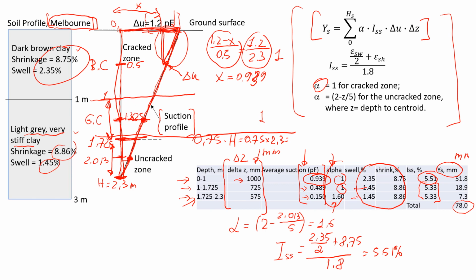And when we calculate, you will see that there will be a movement for the top layer from 0 to 1 meter of the brown clay, and then that gray clay above the uncracked zone will move 18.9 millimeters, and the same clay but in the uncracked zone will move 7.3 millimeters. So altogether will give us 78 millimeters, and in this case 78 millimeters will be a very high value of movement.